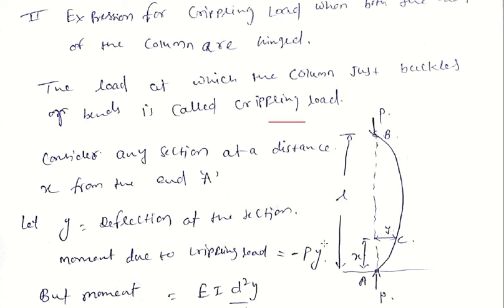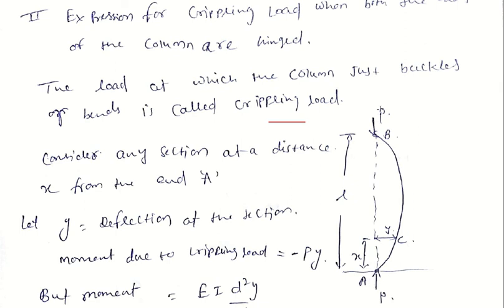Here we consider a column AB of length L and uniform cross-sectional area, hinged at both the ends A and B, and let P be the crippling load. This is the crippling load at which the column has just buckled. Due to this crippling load, the column will deflect into a curved form.